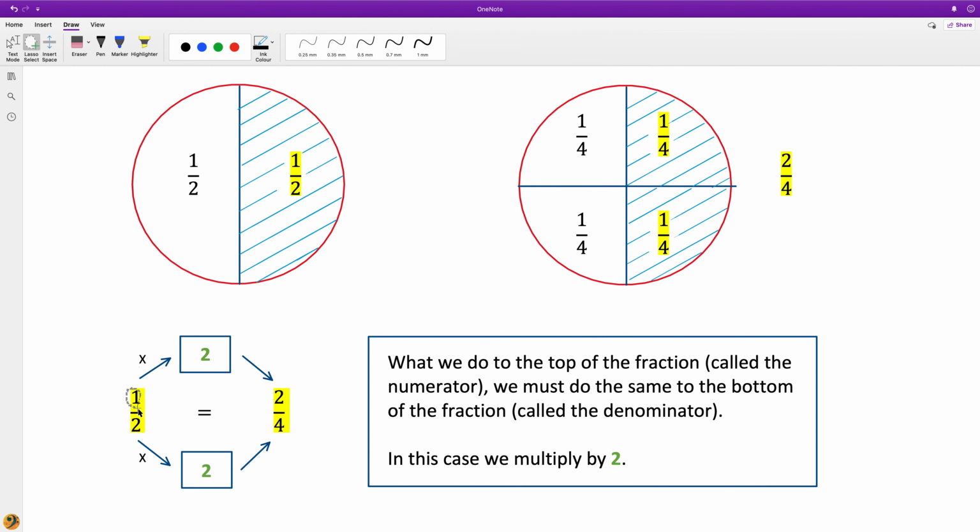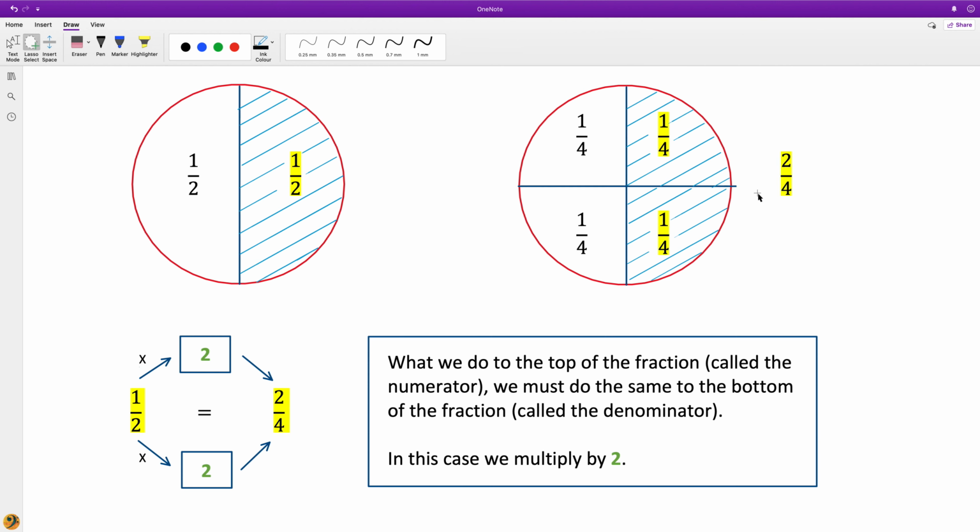Okay, this is the top here, the numerator it's called. We must do the same to the denominator, or the bottom of the fraction. This is our denominator, 2. All right. So what that means is, in this occasion, we have 1 multiplied by 2, which gave us our new numerator of 2, like we had up here.